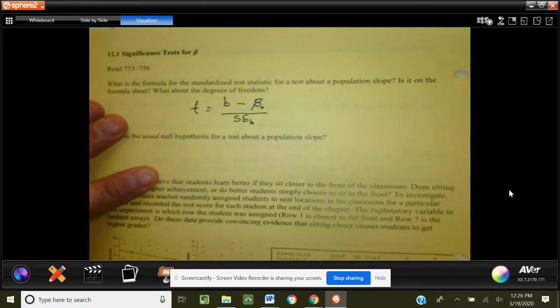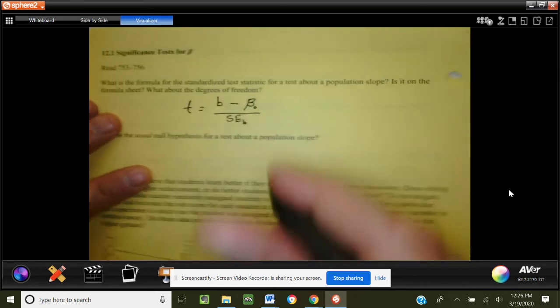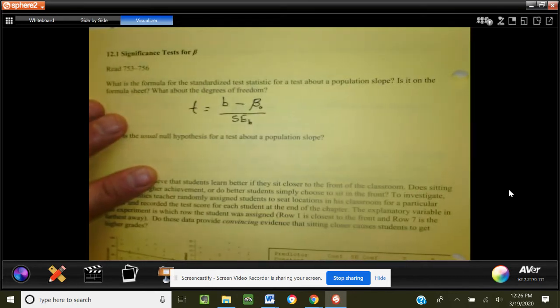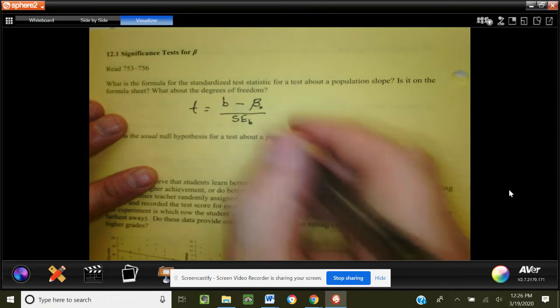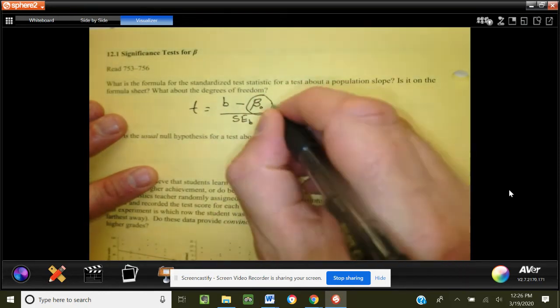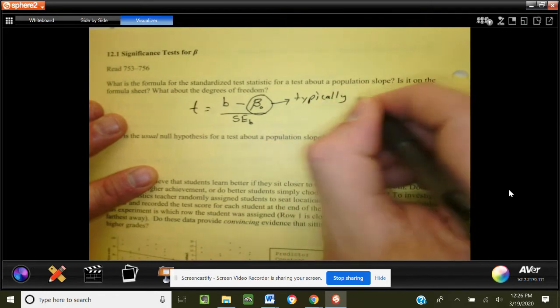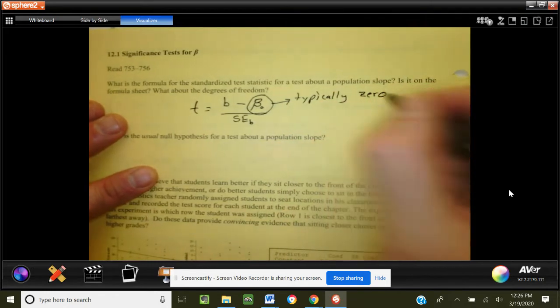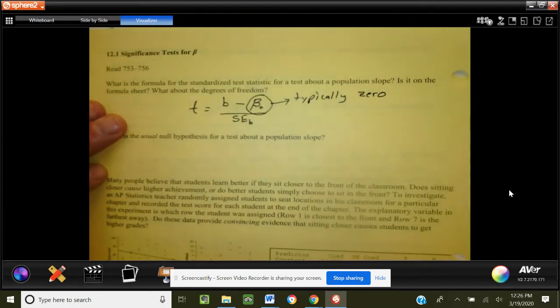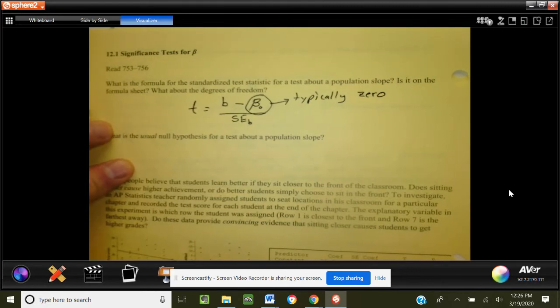Now, when we do a hypothesis test, it's kind of like a difference in proportions or a difference in means test. This is typically going to be assumed to be 0. With the significance test for slope, our null hypothesis is no association, which would be a slope of 0.